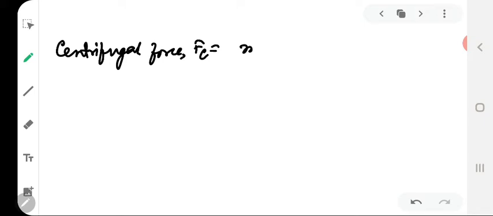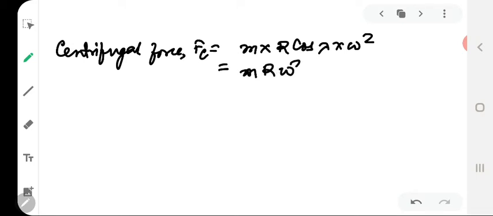So that will be equal to m into r cos lambda into omega square, which is m r omega square cos of lambda. Suppose that the centrifugal force Fc is represented by vector PB.